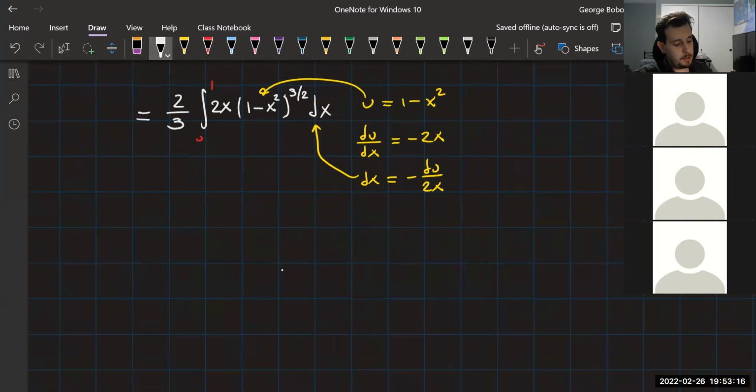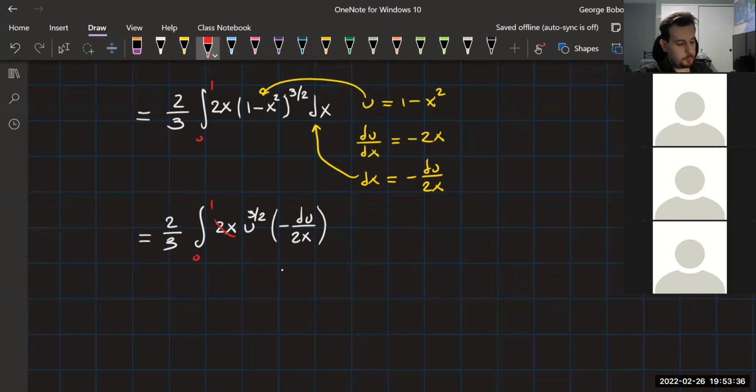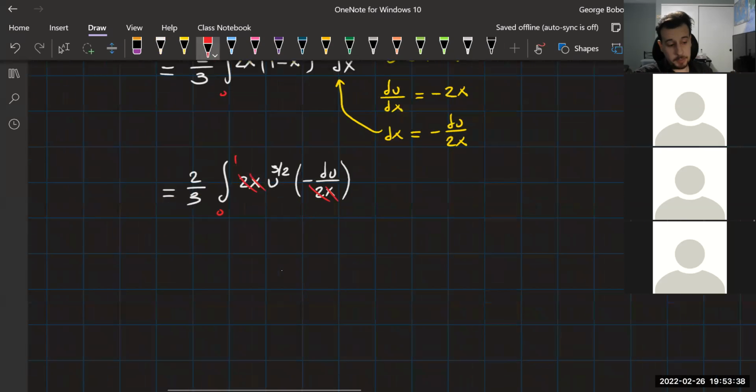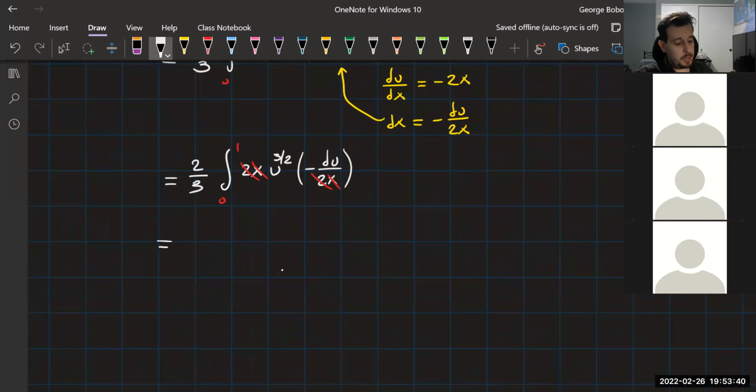So in the next step, I'd have 2/3 integral from 0 to 1, 2x u to the 3 halves, negative du over 2x, because we replaced that. And of course, these go away as planned. And we go ahead and try to integrate this now.